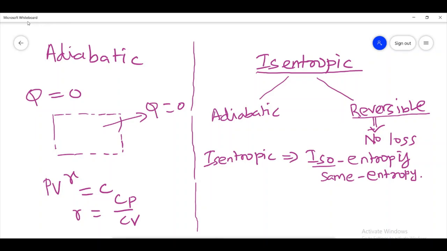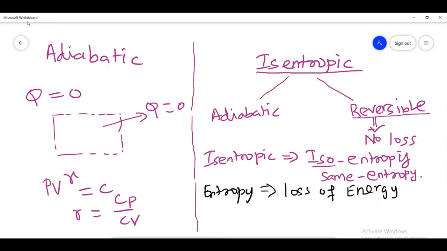Before that, we need to understand what is meant by entropy. Simply, entropy is loss of energy. Even though there may be many definitions, this is very easy for you to understand.